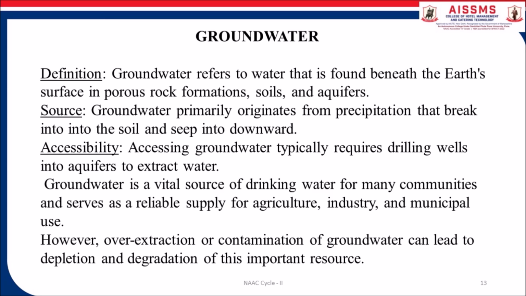Groundwater is a vital source of drinking water for many communities and serves as a reliable supply for agriculture, industry, and municipal use. However, over-extraction or contamination of groundwater can lead to depletion and degradation of this important resource.